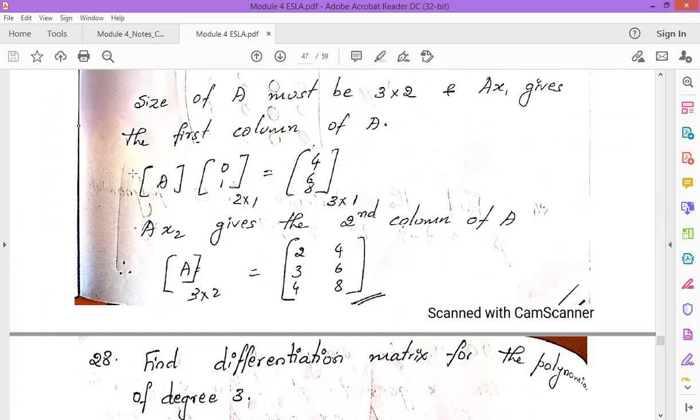When multiplied, it has to result in 4, 6, 8, which is of the size 3 cross 1. So in order to get 3 cross 1, once again, whatever A we have should be of the order 3 cross 2.